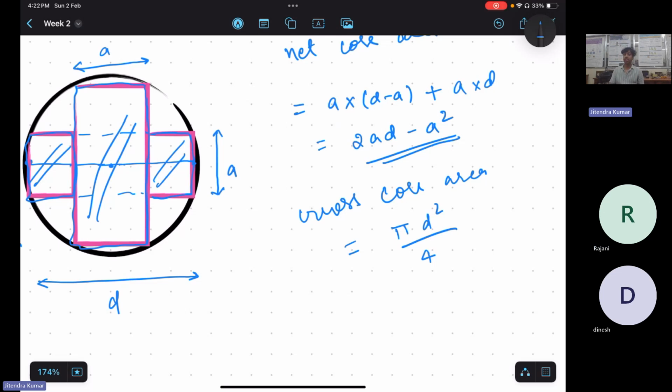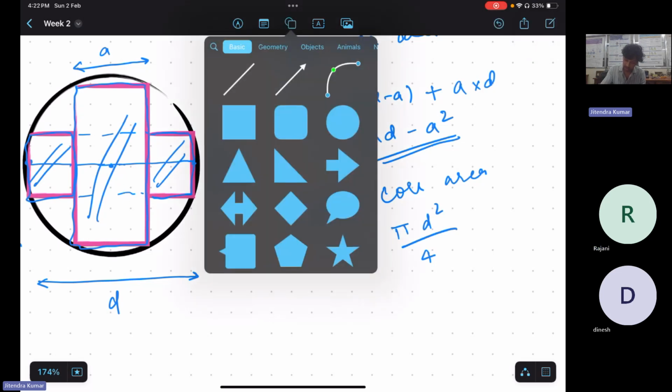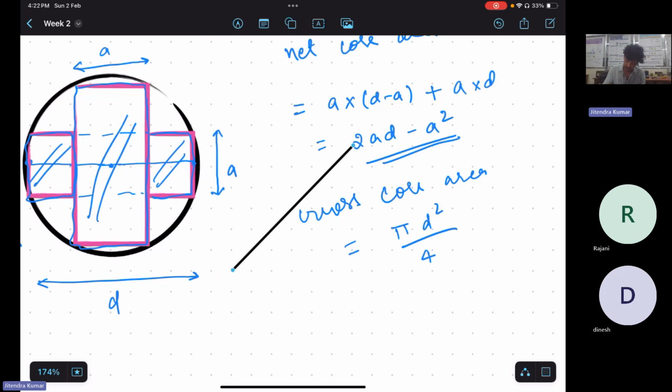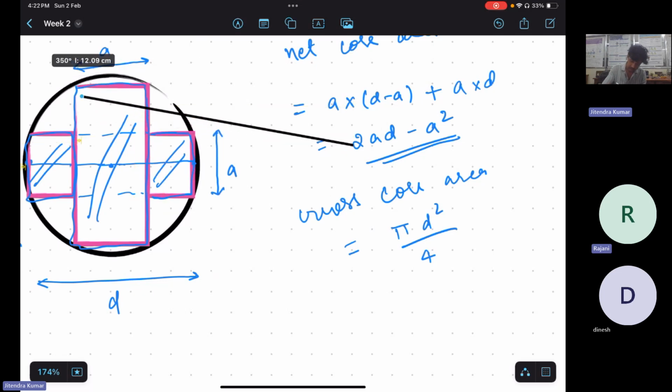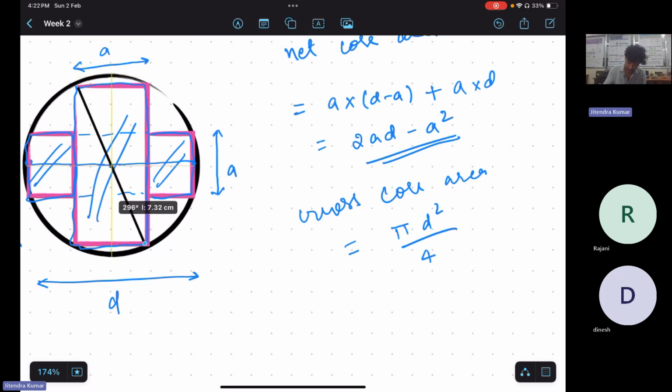So there will be one angle. There has to be an angle, right? Arc angle. So if you draw a straight line here, let me take the help of this line. Now can you calculate? There will be a theta.